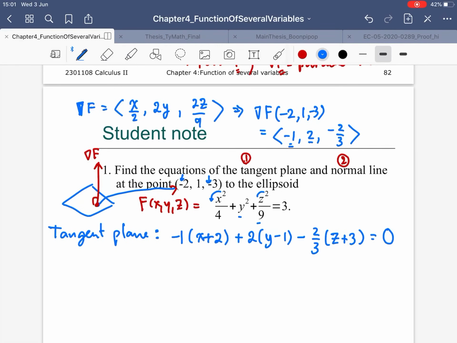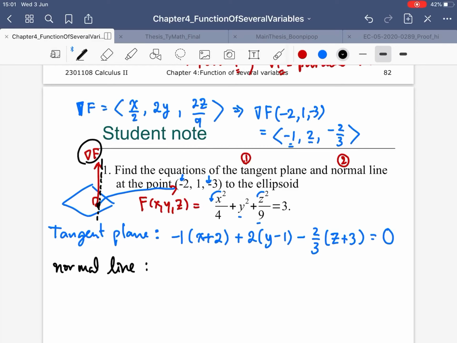It's not that difficult, right? And then the normal line is just this particular line, passing through this point and having your gradient, the red one, as the parallel vector.